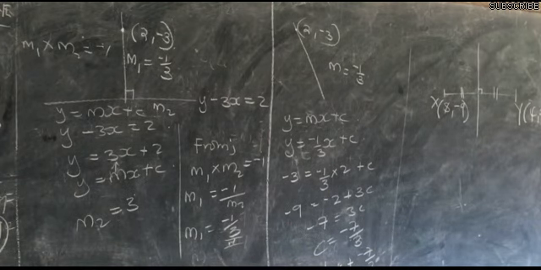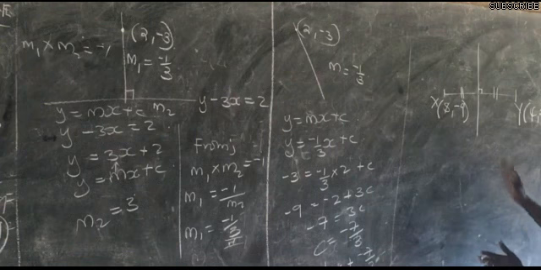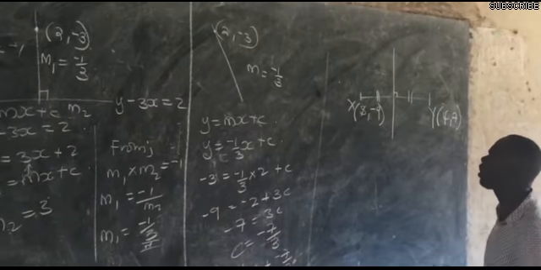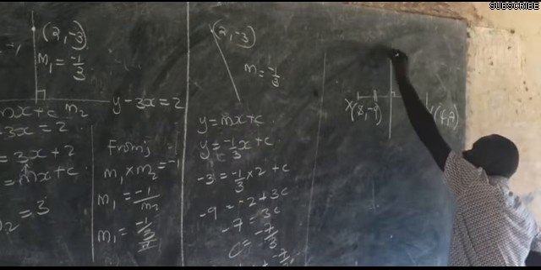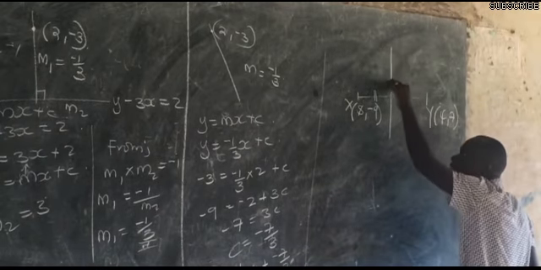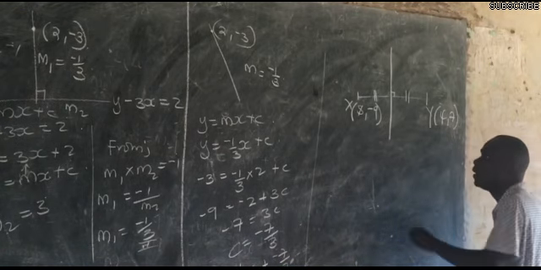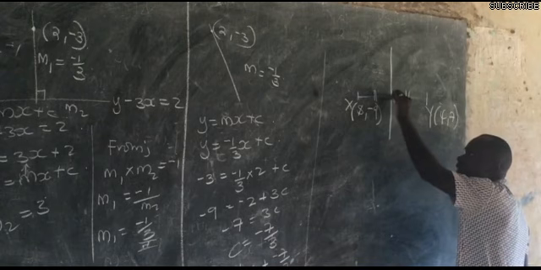Now, in order to get an equation, we must have two known points, and the two known points must feature on the line. Now we are having a line that has got no point. We need to first get a point on this very line. So how can we get a point? This line is a bisector, and it divides the initial line into two equal parts, which means we can get this point here.